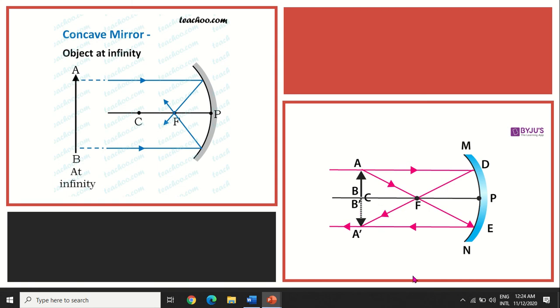Dear students, we have to practice ray diagrams, because from this chapter, creative questions can come in the examination, and also for solving MCQ you will require this.